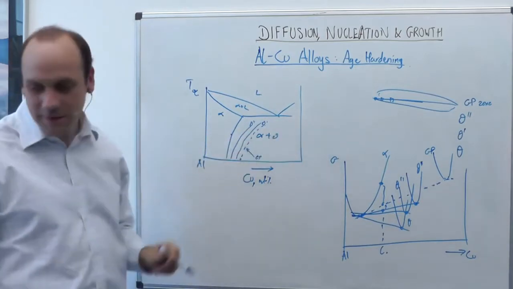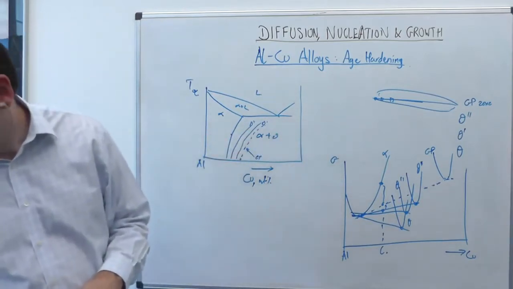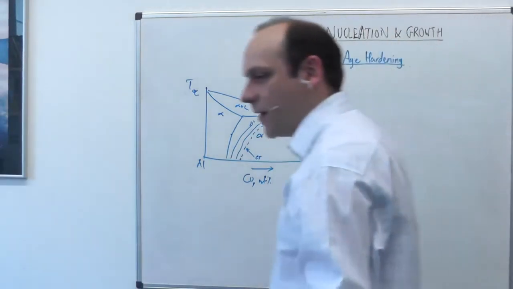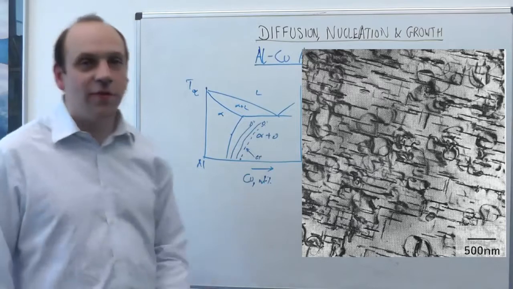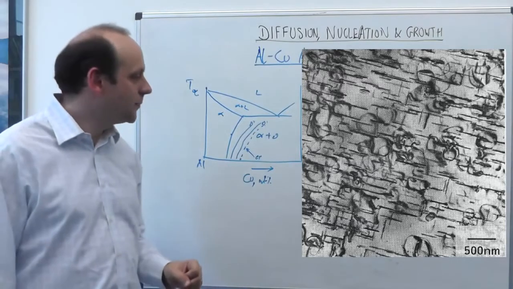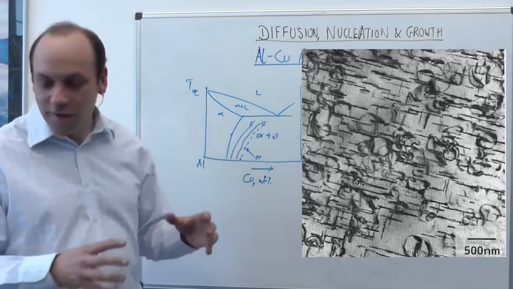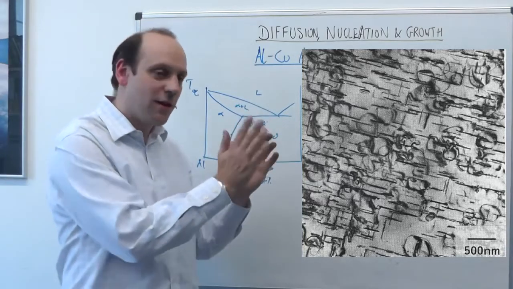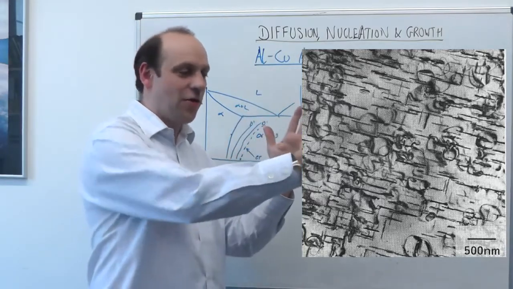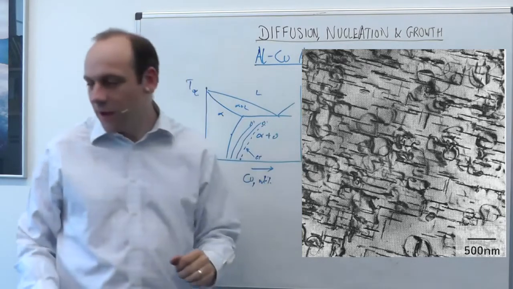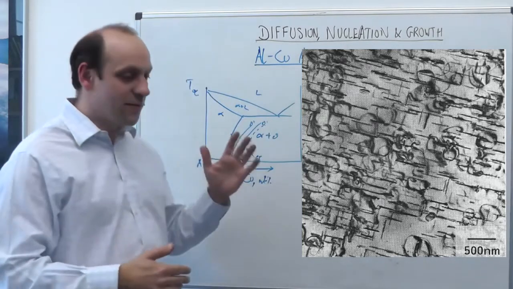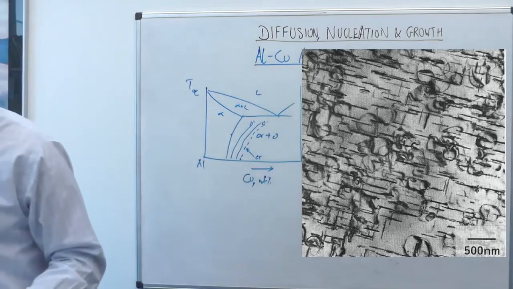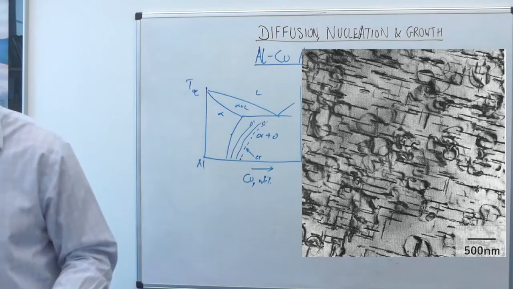So what that looks like, I'll put a micrograph up here, of the theta prime phase in aluminium copper. That micrograph shows little discs, those little outlines, those little circles, and you're viewing them either flat on or edge on.